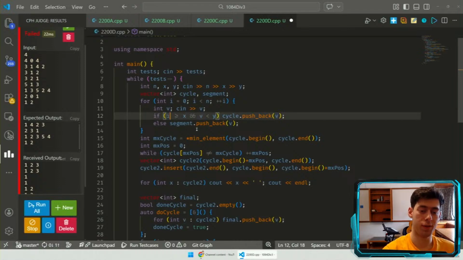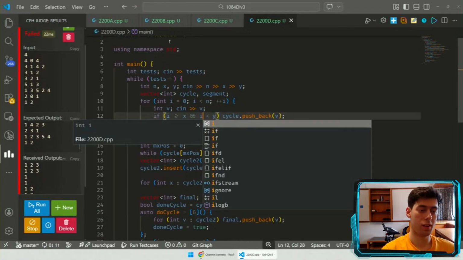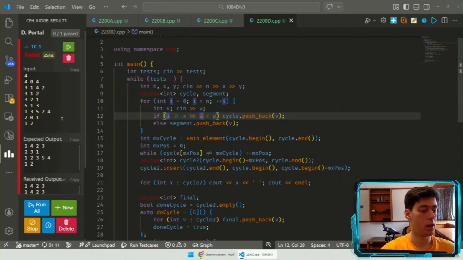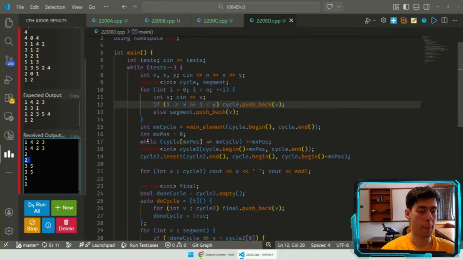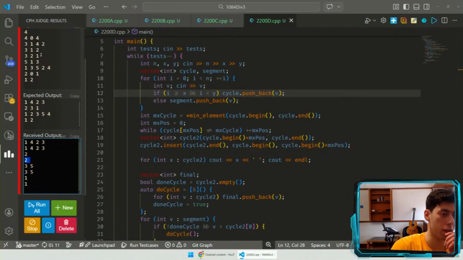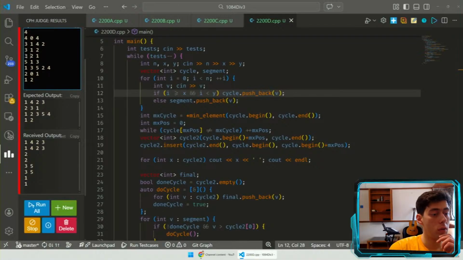Oh man. Okay, so the first one's correct. Now the second one is just 2, and I'm just doing 2. What happened to segment?